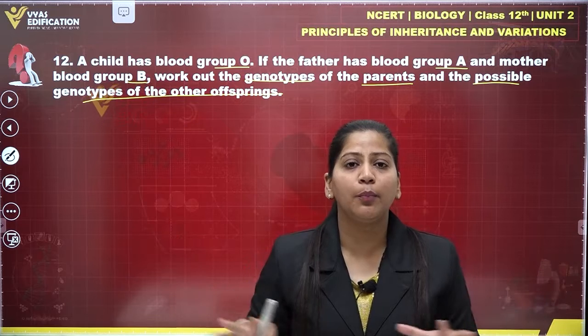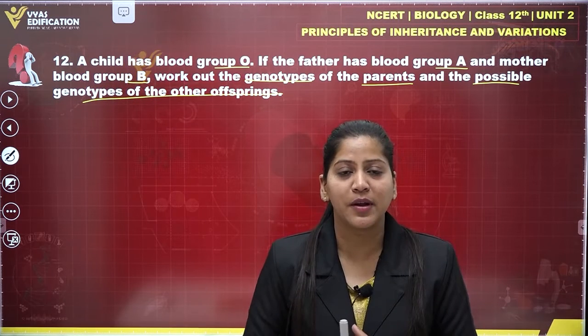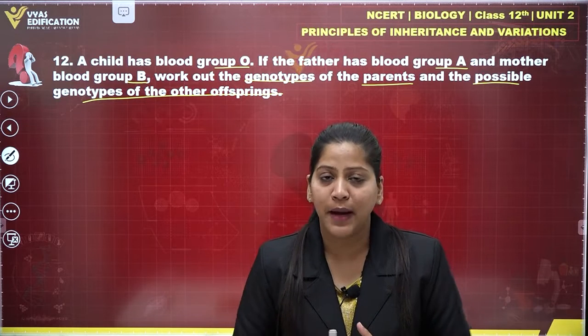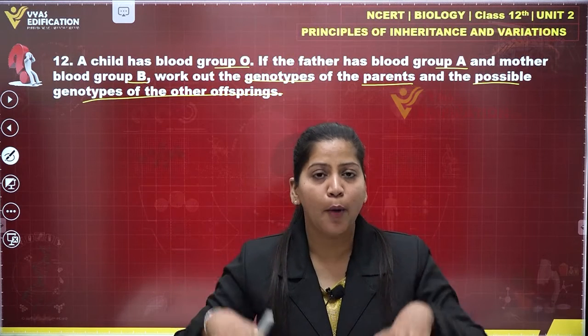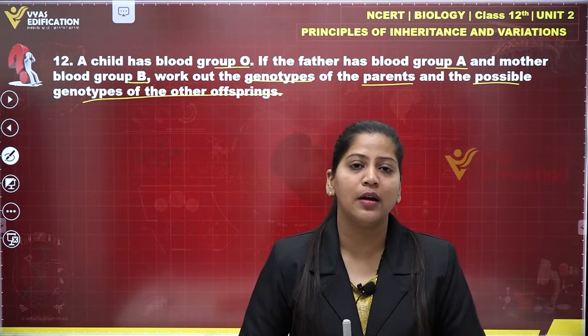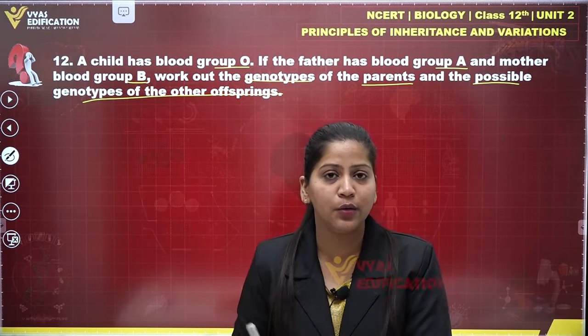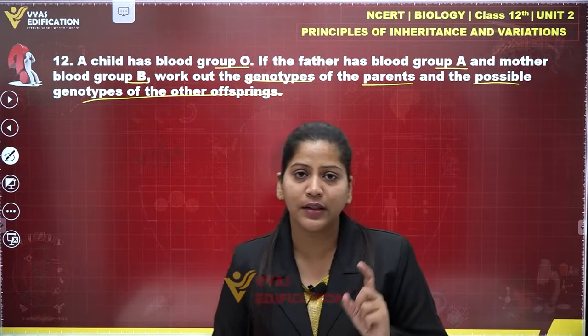But when we talk about the population, there are three alleles present in a population which are responsible for controlling the blood group in human beings. In a population, three alleles are able to control the blood group system, but in an individual only two alleles control the blood group.